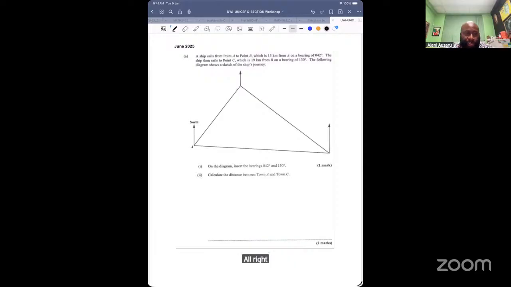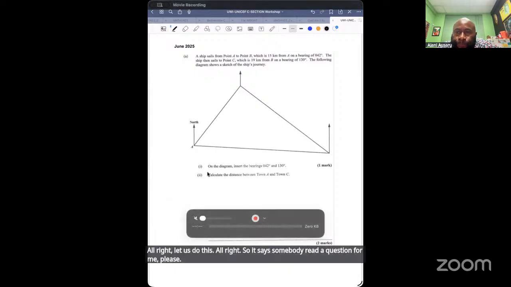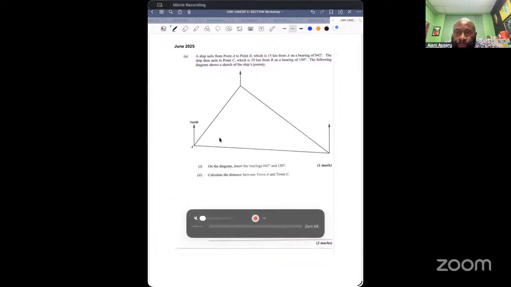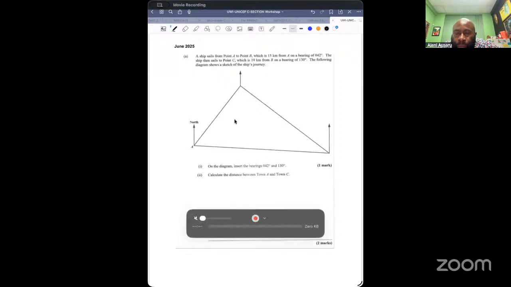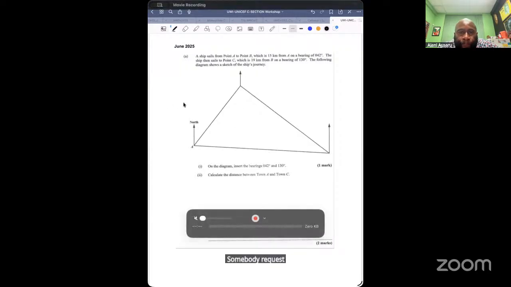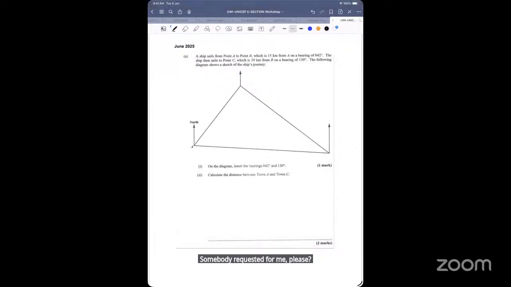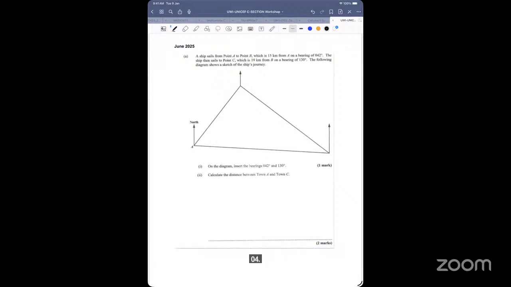All right, let's do this. Somebody read the question for me, please. A ship sails from point A to point B, which is 15 kilometers from A on a bearing of 042 degrees.